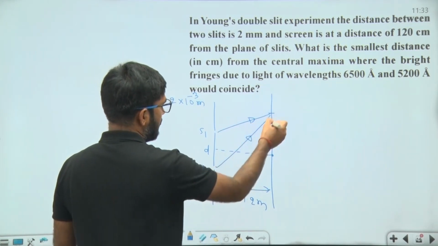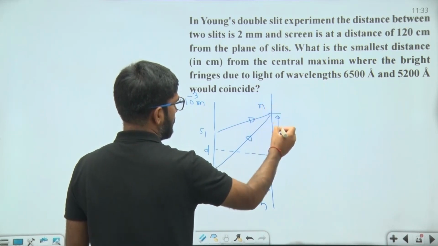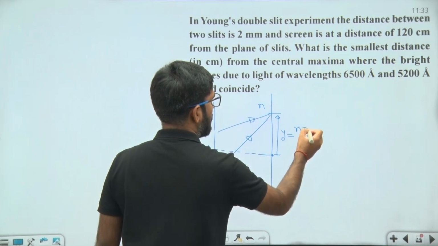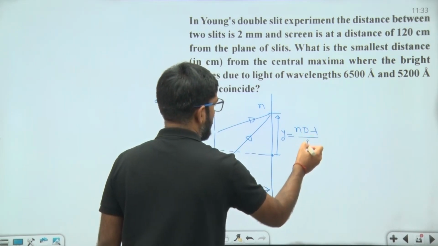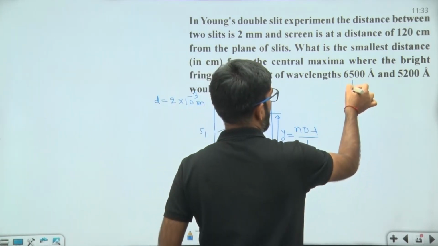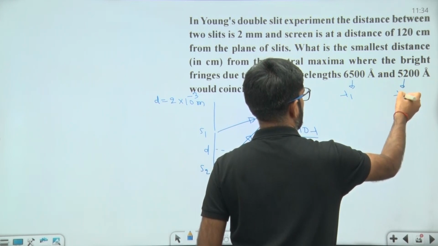If here we get the nth order maxima, then position of nth order maxima is given by y equal to n capital D lambda by small d. Suppose this wavelength is lambda 1 and this wavelength is lambda 2.